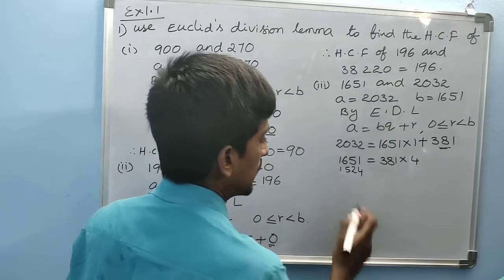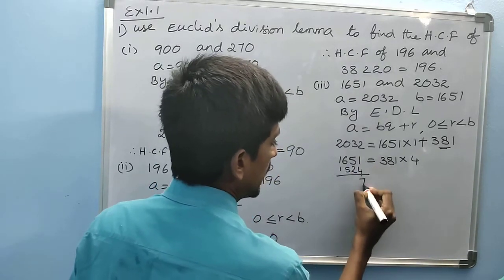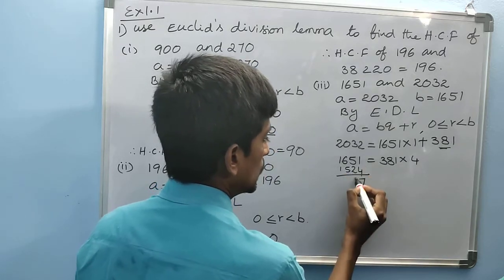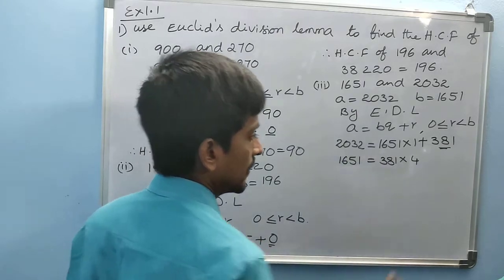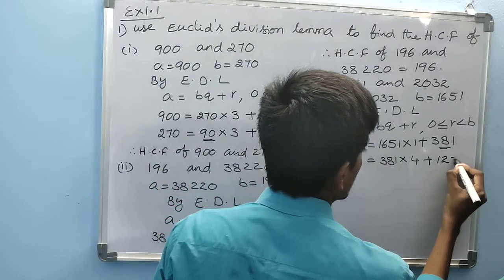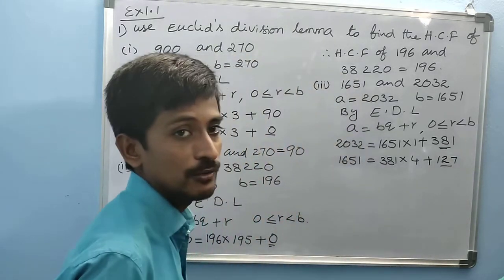The remainder is 127. R is not equal to 0.